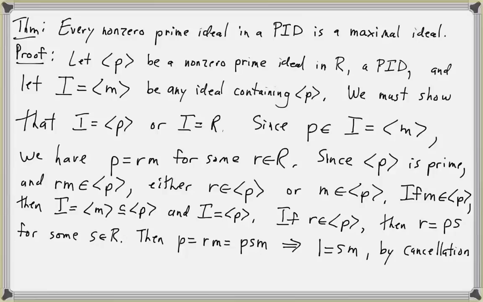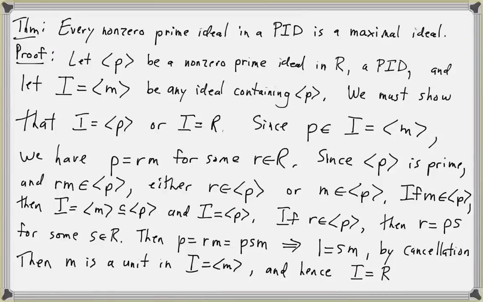Then M is a unit in I, the ideal generated by M, and hence I contains a unit and is therefore equal to the whole ring R. So this shows that the ideal generated by P is maximal, and it concludes the proof of the theorem.